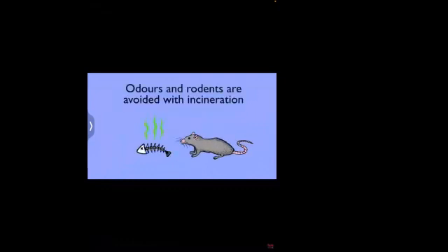Odours and rodents that are present in other methods are not a problem when using incineration as a garbage disposal method. Nearly all of the waste that is burned could be used to generate electricity in what are called energy from waste schemes, where households and industries could benefit from the electricity or heat produced. The electricity generated could help to pay for the start-up cost of the incinerator.